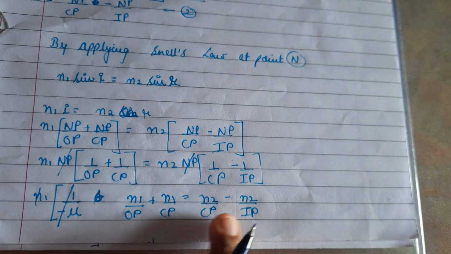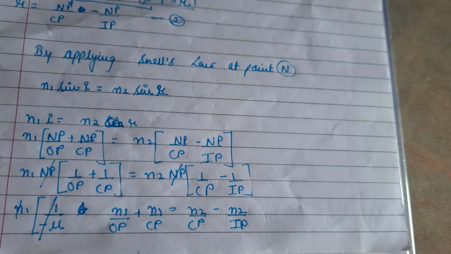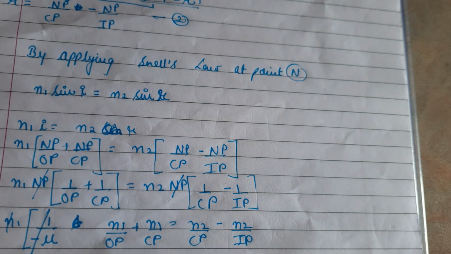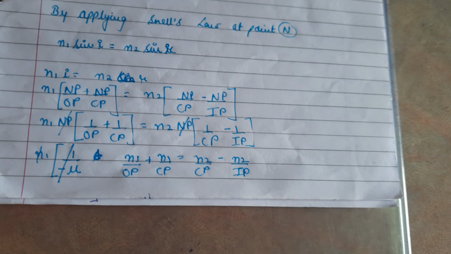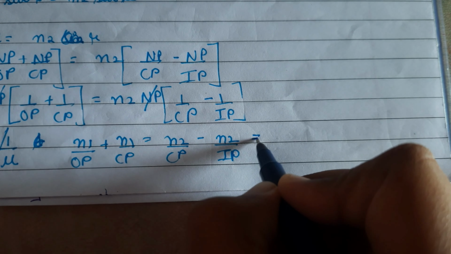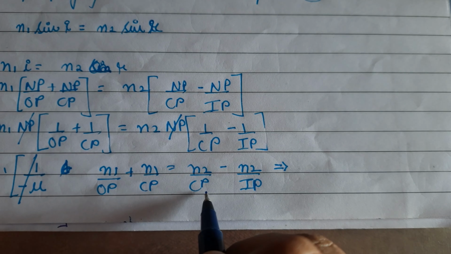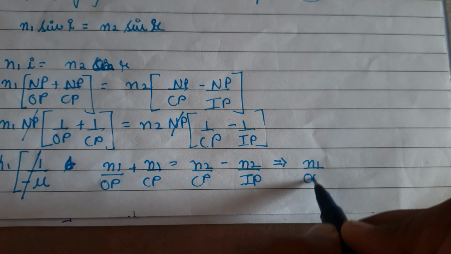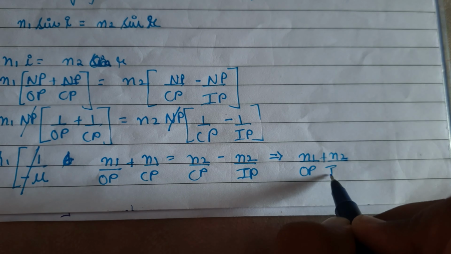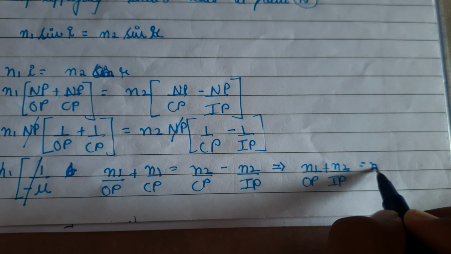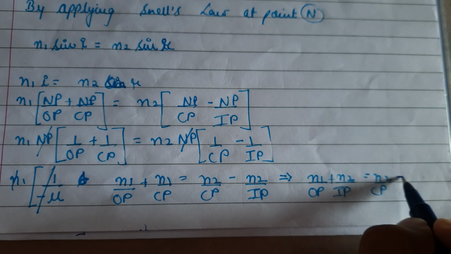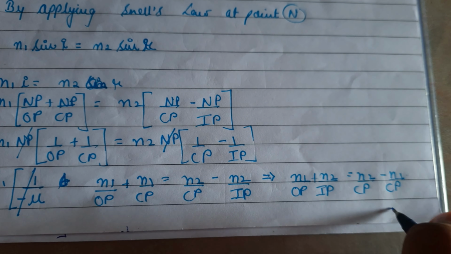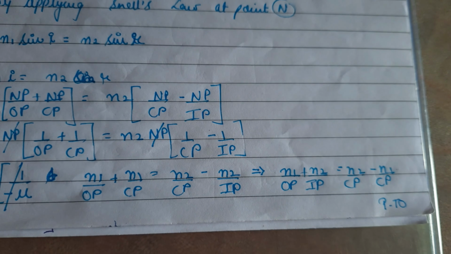Okay, so now we can see over here that, sorry, I did something wrong. No, I didn't. So from here we'll rewrite it, as we need to bring CP to one place. So n1 by OP plus n2 by IP equals n2 by CP minus n1 by CP, if you agree. Yes, now we'll see it on the next page.